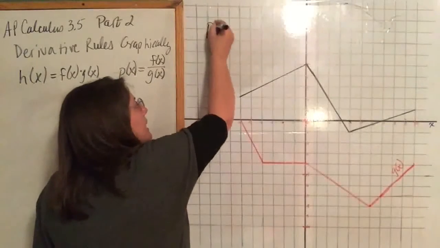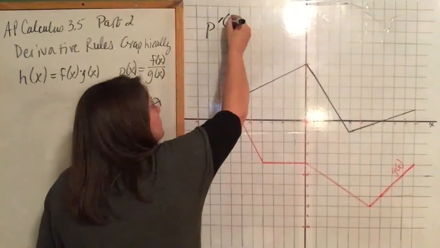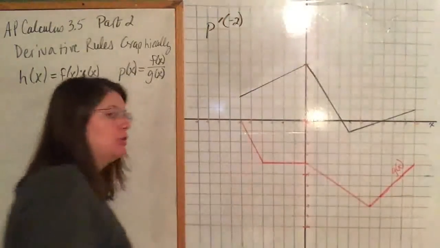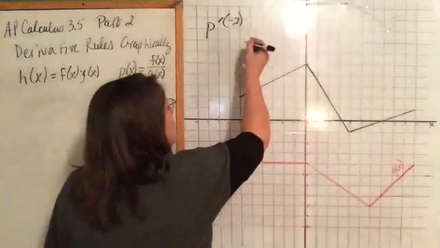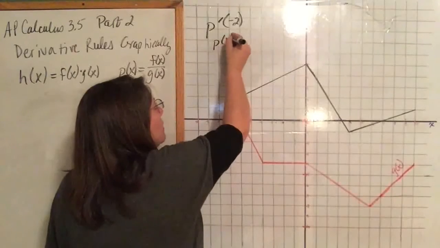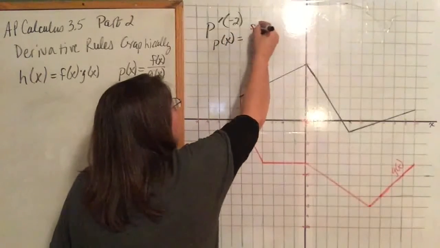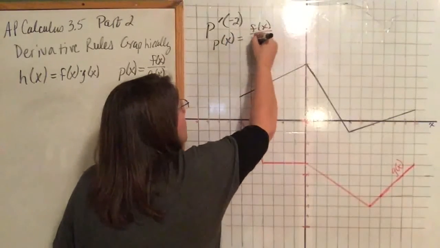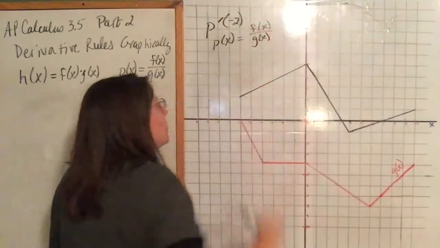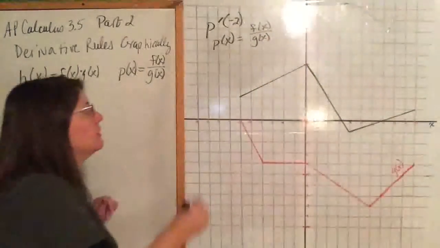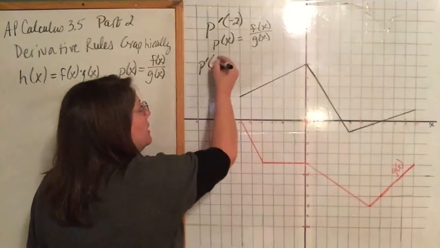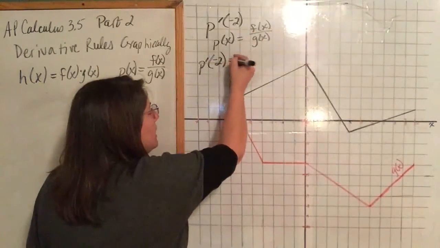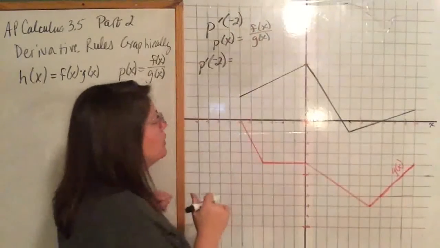Next, I want to find p prime of -2. We know that p of x is f of x over g of x. To take the derivative of that, we would be using the quotient rule. So p prime of -2 means we take the derivative using the quotient rule.